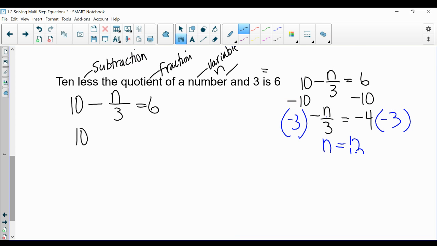So 10 minus 12 is equal to 6. Okay. I'm sorry. I was just making sure I got the negatives right. So this is 12 divided by 3 is 4. So this is 6 is equal to 6, and that is correct.